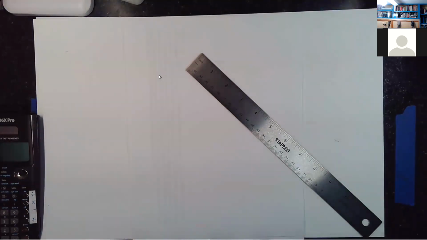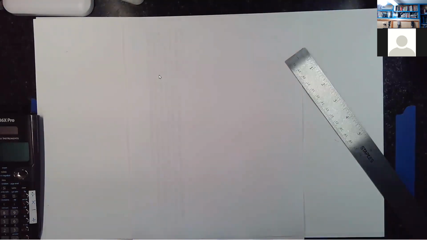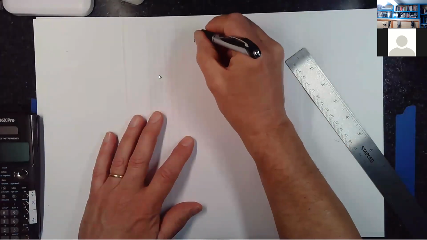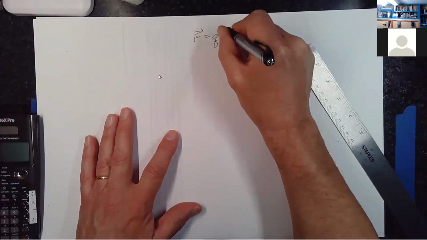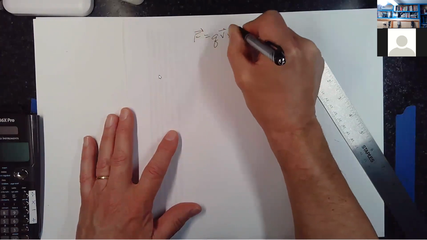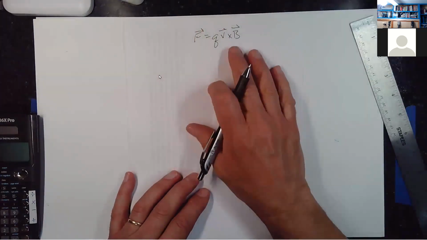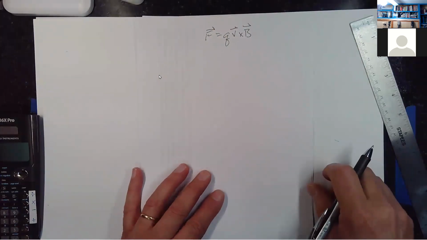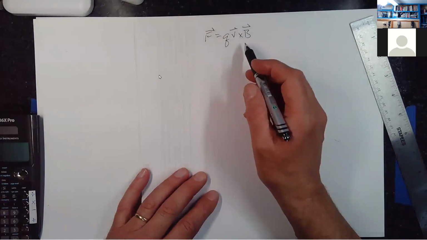The other day, we found out that the force that a magnetic field exerts on a moving charge is given by F equals QV cross B. Not everybody has ever dealt with the cross product before, so I wanted to show you how that might work out.